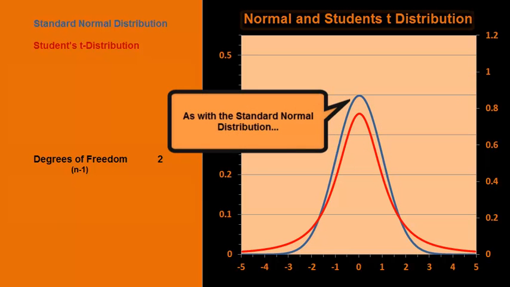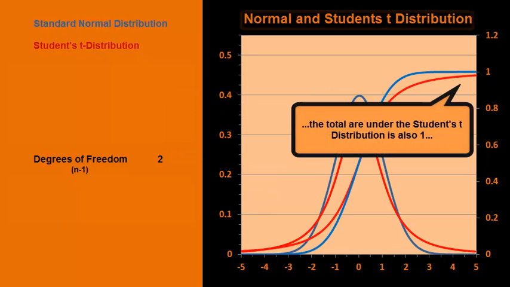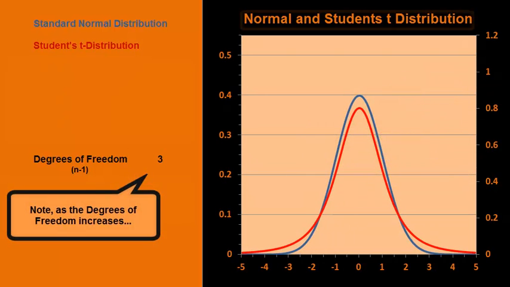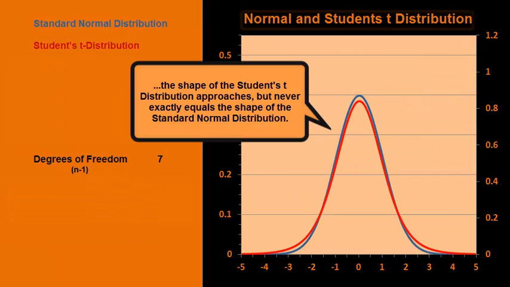As with the standard normal distribution, the total area under the student's t distribution is also 1, and this is also demonstrated by the cumulative distribution of each. Note, as the degrees of freedom increases, the shape of the student's t distribution approaches but never exactly equals the shape of the standard normal distribution.